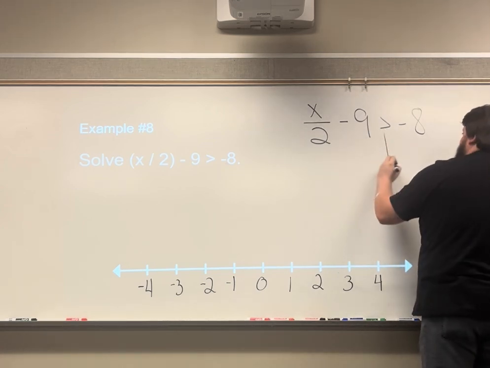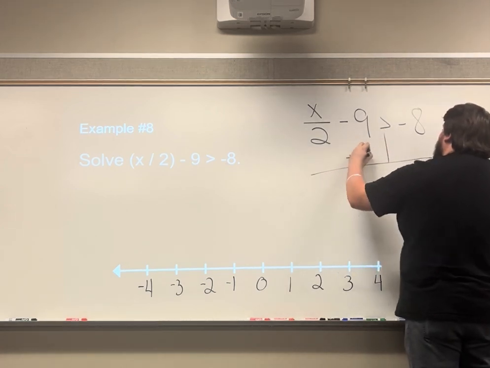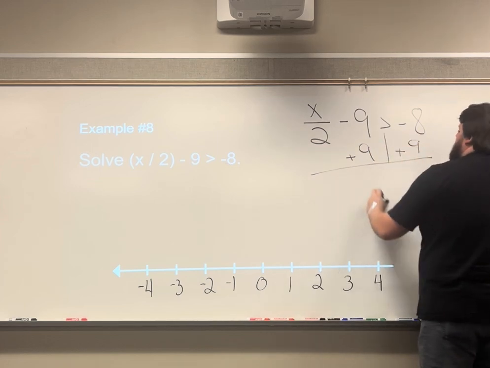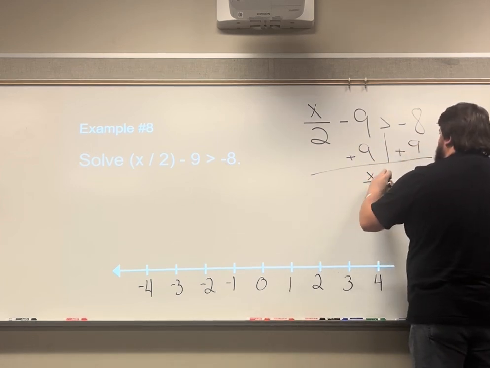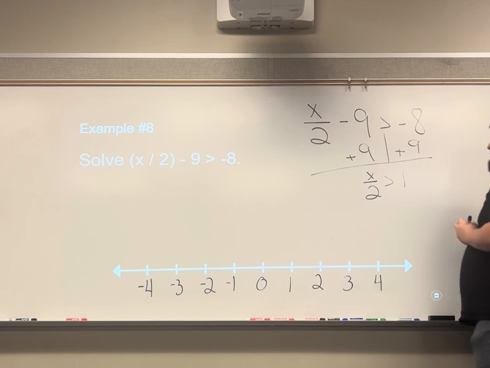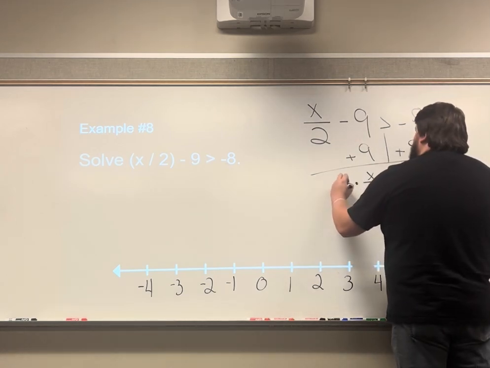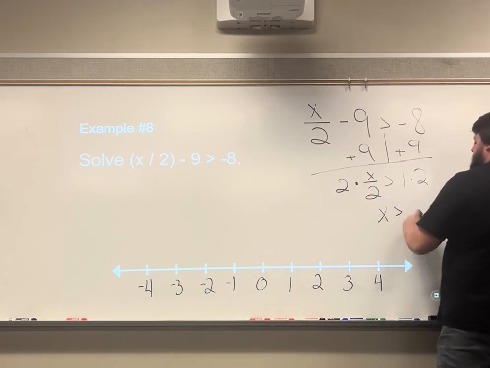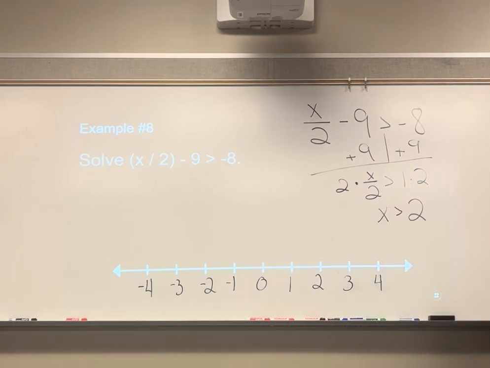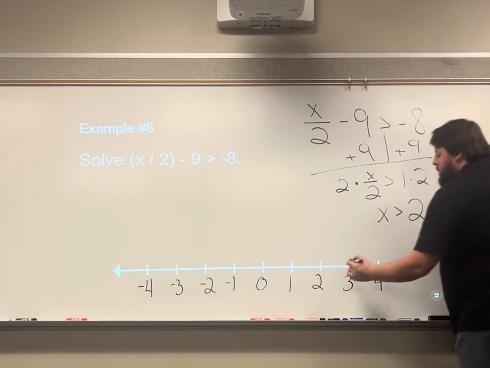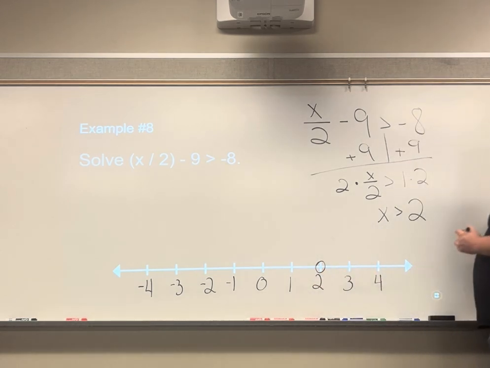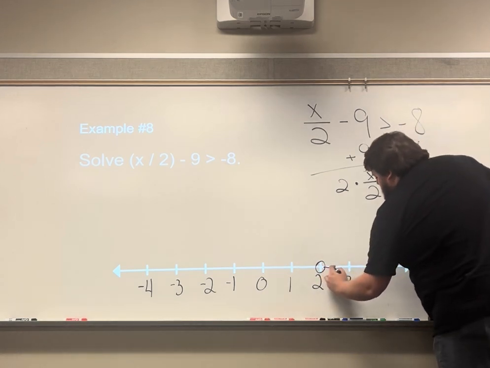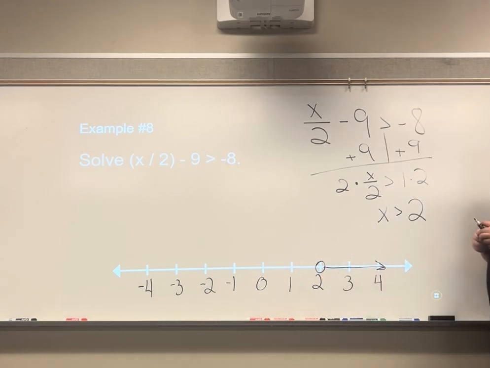In this case, that constant's -9, so I'm going to add 9 to both sides. Gives me x over 2 is greater than 1, which then means that I need to multiply both sides by 2. So x is greater than 1 times 2, which is 2. That's going to leave me with an open circle on 2. Since I'm pointing at the number, I'm going to the right.